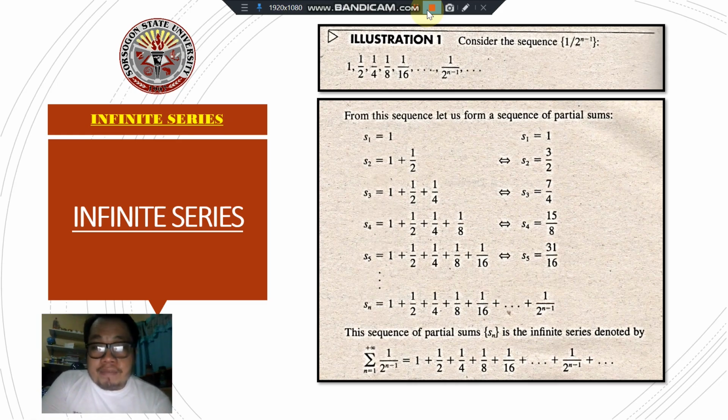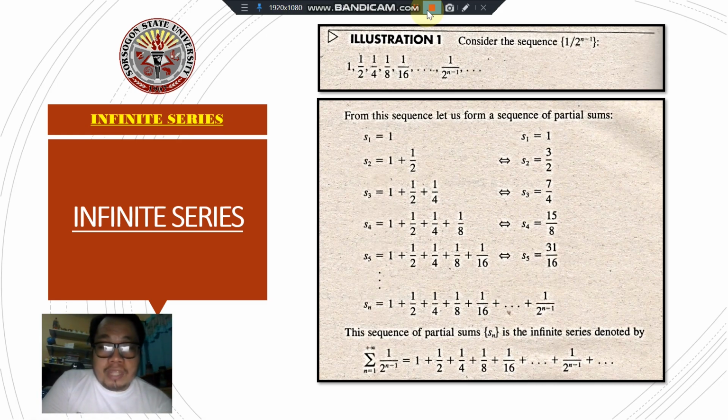Then we have S sub 5, that is 1 plus 1 half up to the fifth term, which is 1 over 16, since we are determining the sum of the first 5 terms of the sequence, which is equal to 31 over 16. Then, what about S sub n?